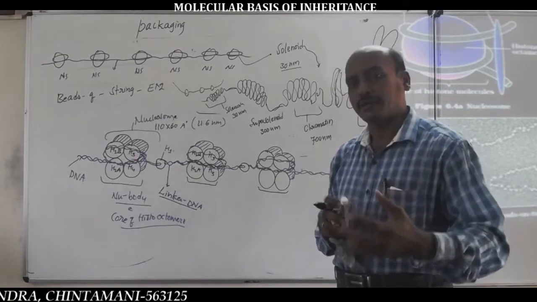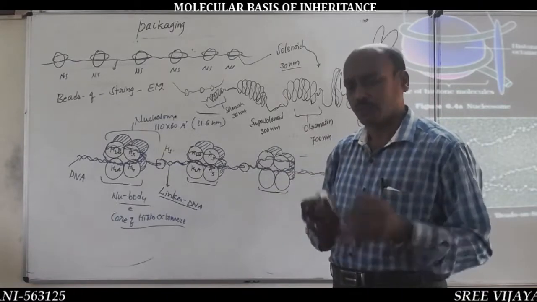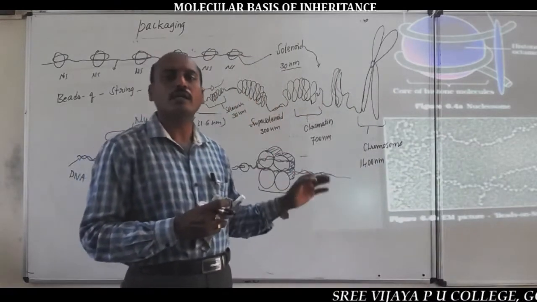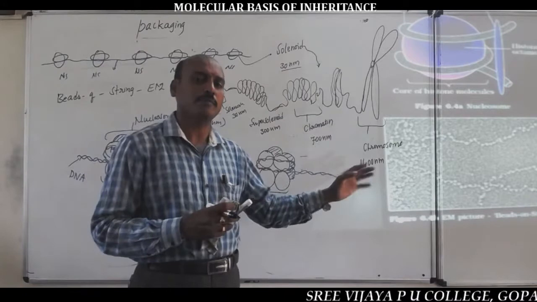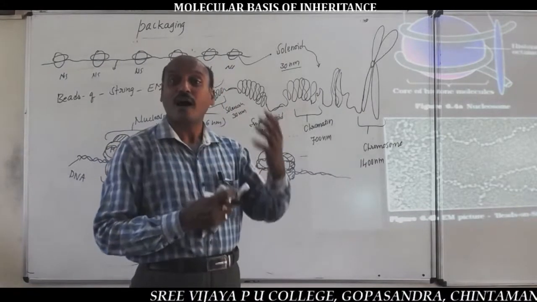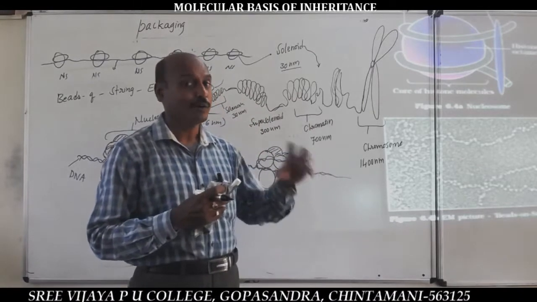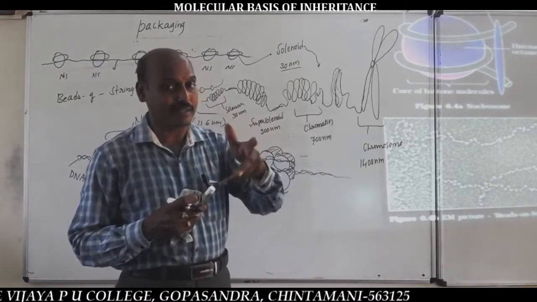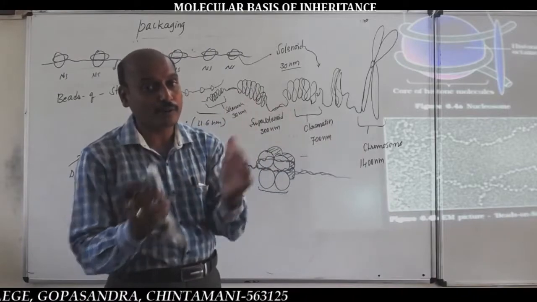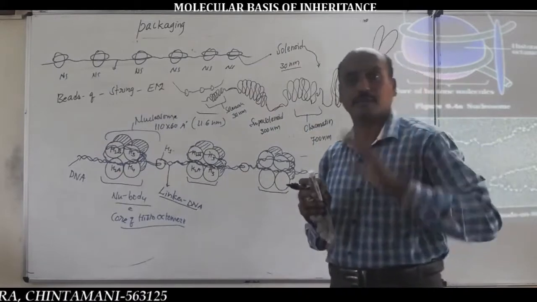The solenoid is further condensed to produce a super solenoid with a size of 300 nanometers. The super solenoid further condenses to form a structure called chromatin or chromatid in the prophase of cell division, with a diameter of 700 nanometers.